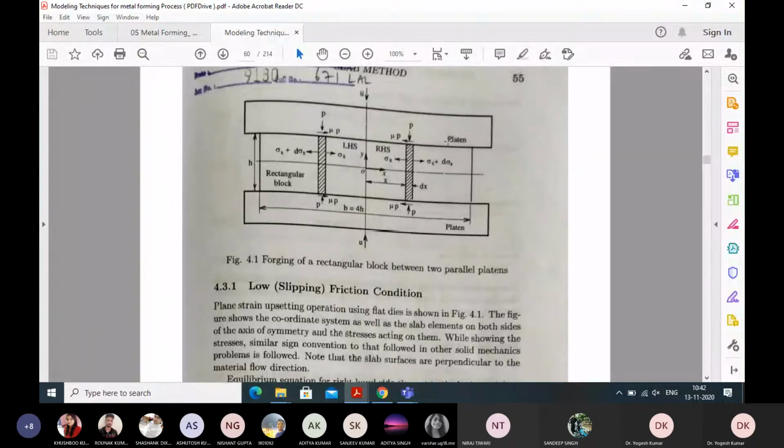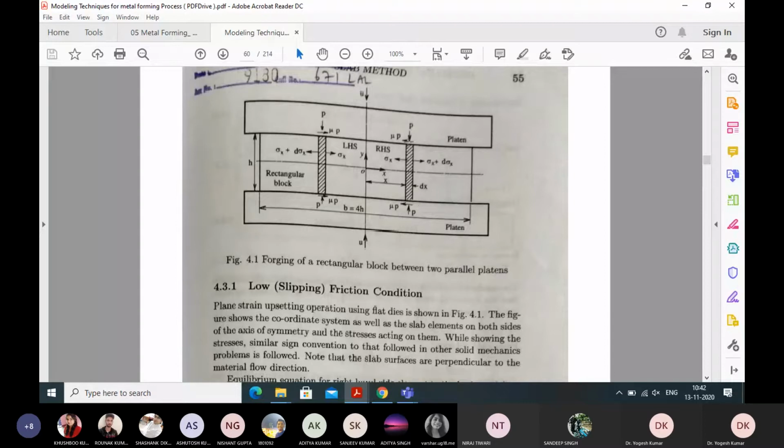So let us concentrate on one strip that has been taken on the right hand side. We can go with any strip, whether on the left hand side or right hand side, but for example we are taking the strip on the right hand side.